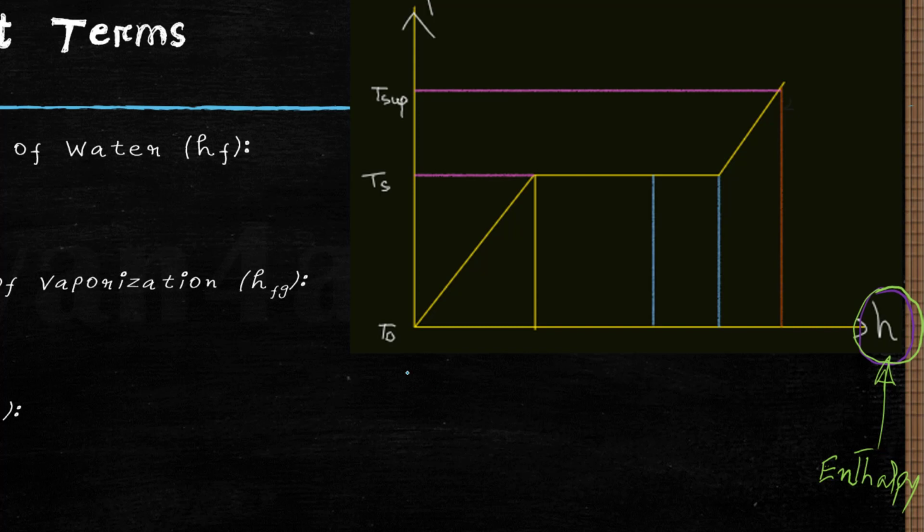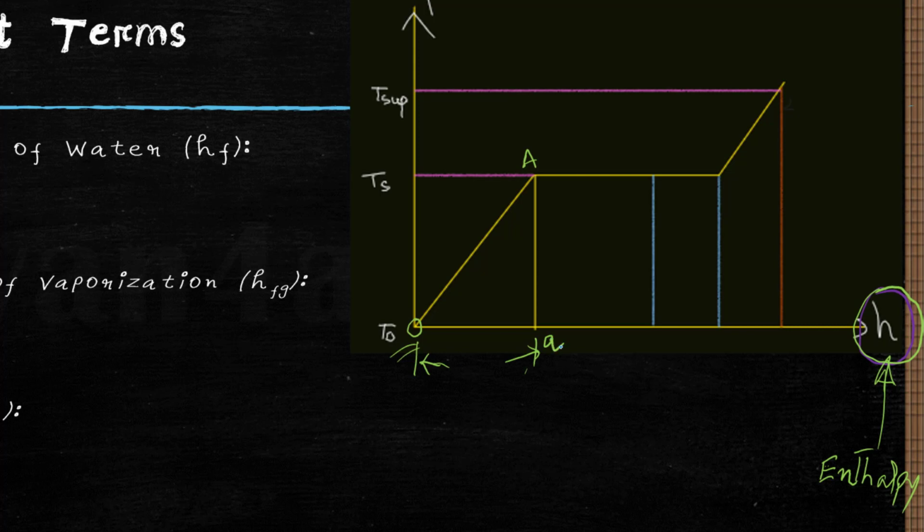This is temperature T naught. We consider that temperature is 0 degrees centigrade, which we represent by T naught. From T naught to Ts, say OA, this is the liquid line. And during this time, what amount of heat or enthalpy is required?